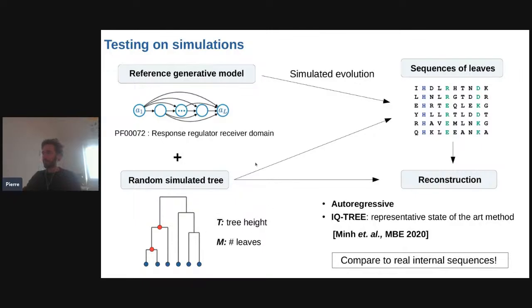Okay, so as I said, to evaluate this, we simulate evolution on a synthetic tree, and we reconstruct. Importantly, the simulation method is the one based on the autoregressive method.